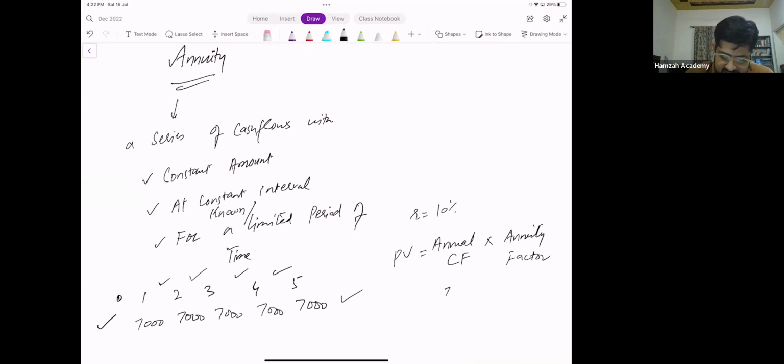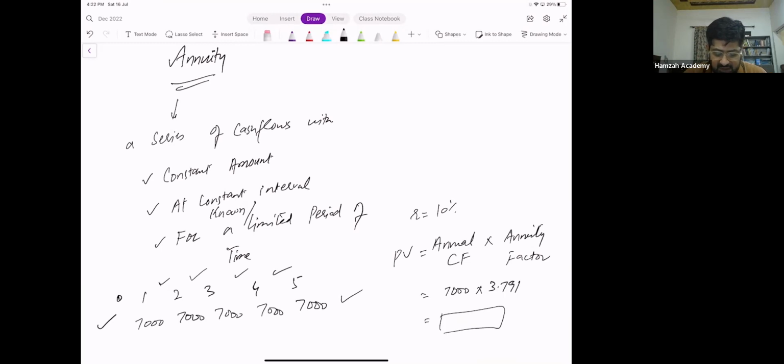Annual cash flow is this, 3.791. 10% for 5 years. I say you have annuity table on the page number 9 of the notes volume 1. You simply multiply.